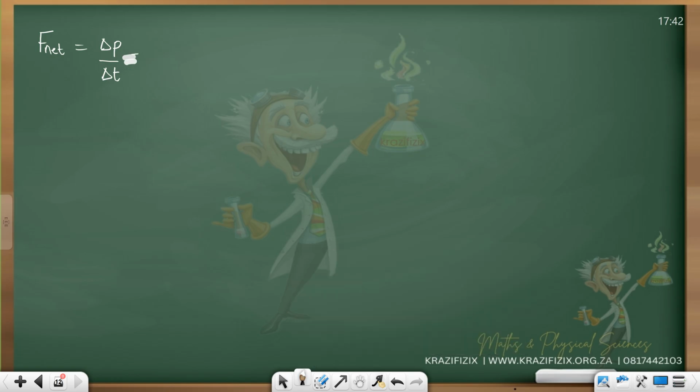All right, F net is final momentum minus initial momentum over the change in time. Our final momentum is 40,000 minus our initial momentum is negative 60,000. Be careful with the zeros. Over the change in time is 5 seconds. Oh, do you notice we can get F net here?